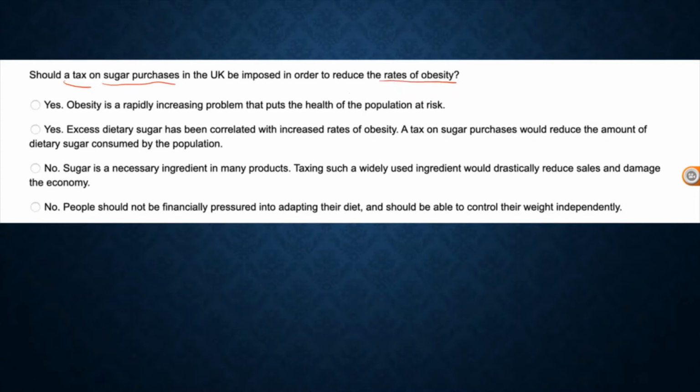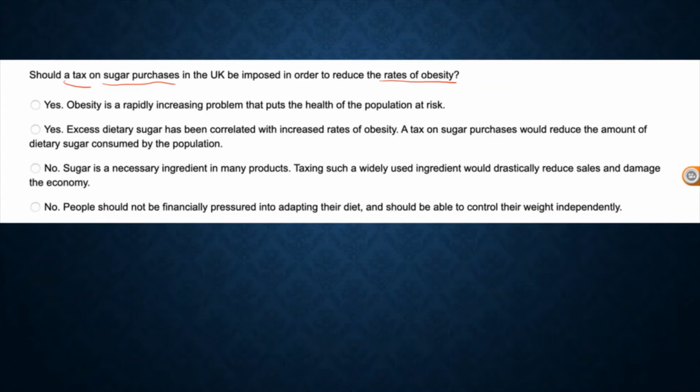So if I read the options, it says, yes, obesity is a rapidly increasing problem that puts the health of population at risk. Yes, excess dietary sugar has been correlated with increased rates of obesity. A tax on sugar purchases would reduce the amount of dietary sugar consumed by the population.